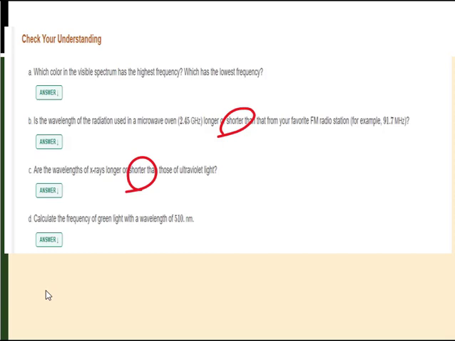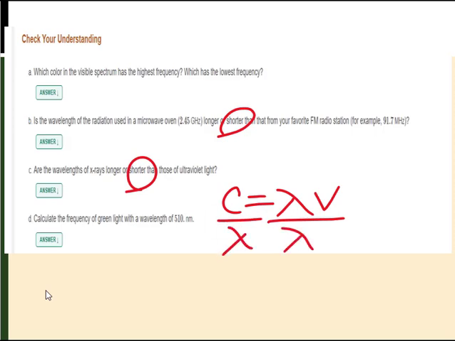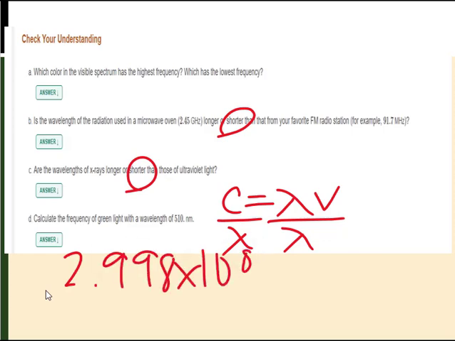And to find the frequency of green light when we're given the wavelength, remember, speed is equal to wavelength, lambda, times frequency. So we're going to find the frequency by dividing both sides by wavelength. So 2.998 times 10 to the 8th meters per second divided by the wavelength in meters.